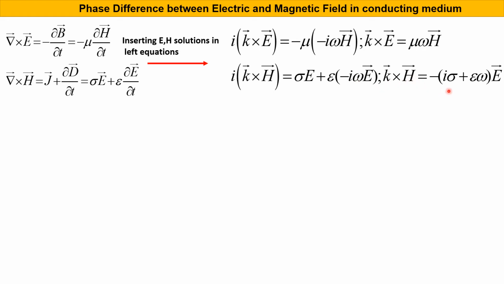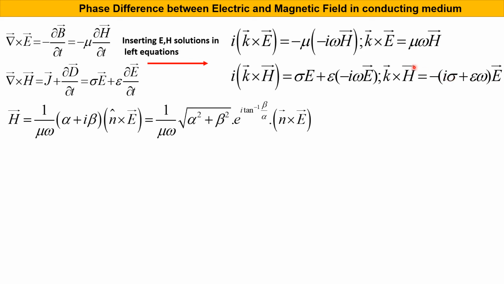So K cross H will be i sigma epsilon omega, with the electric field vector on the right hand side. From that equation we can find the magnetic field density, where we replace the K vector as alpha plus i beta. K is a vector here, so this is also a vector, as a unit vector in the direction n cap cross the electric field vector.